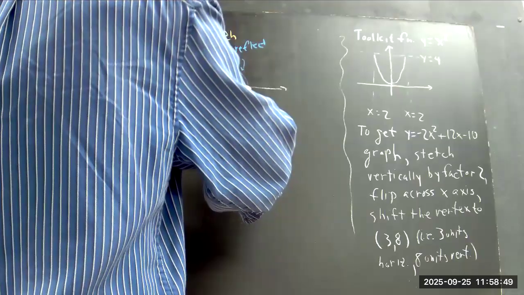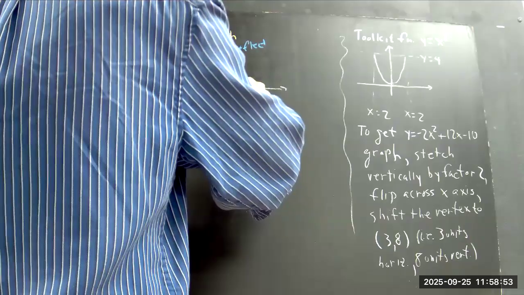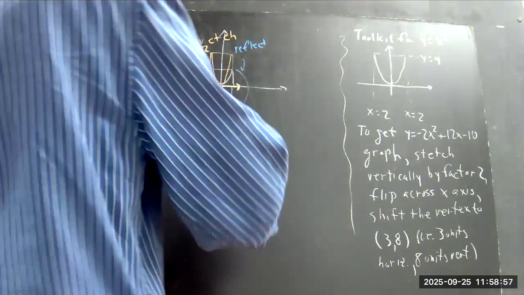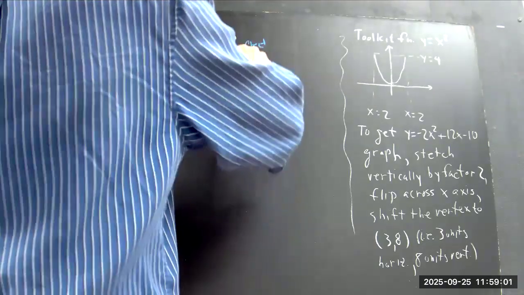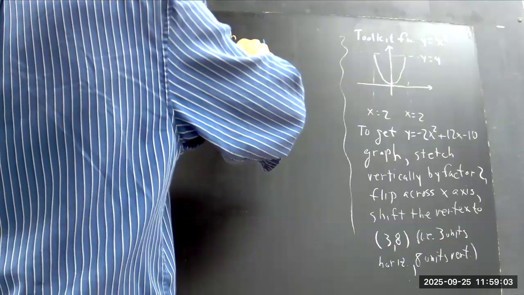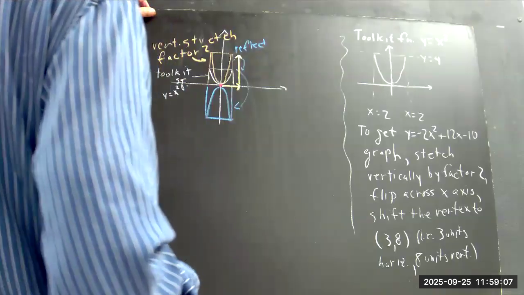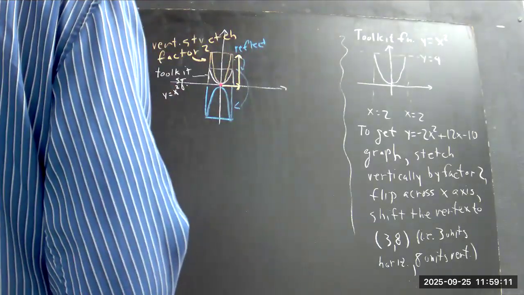That would be like to here. And then up 8 units. Well, this rectangle's 4 units high, so this one's 8 units high, so that would take it up here. There's my horizontal shift. There's my vertical shift.